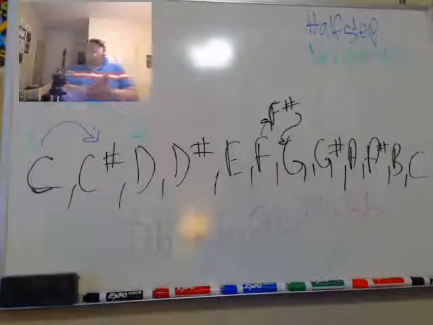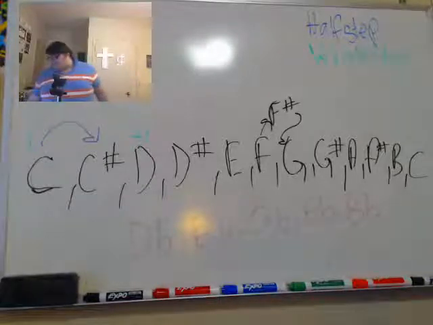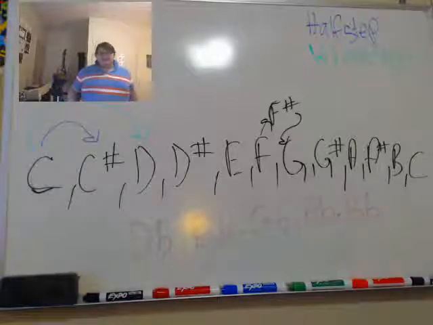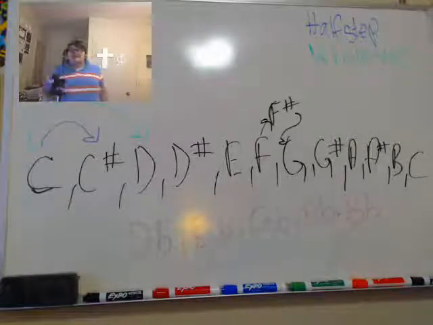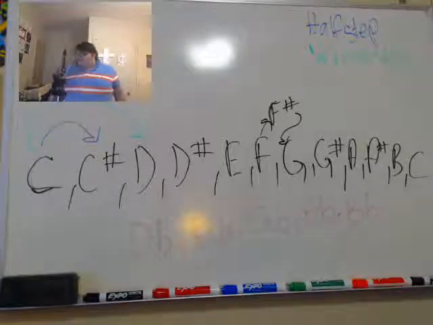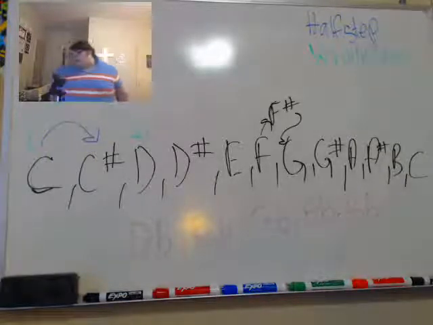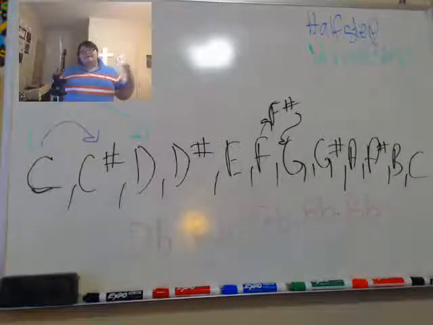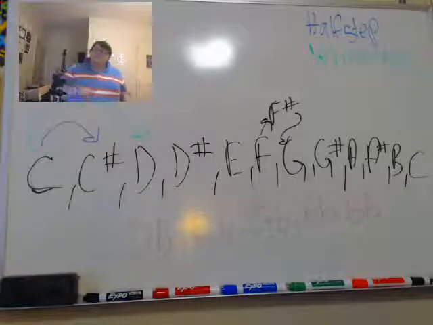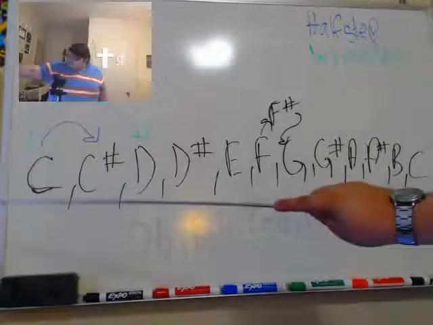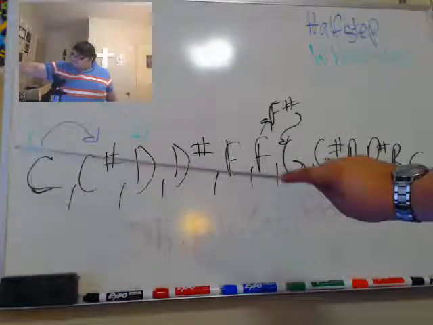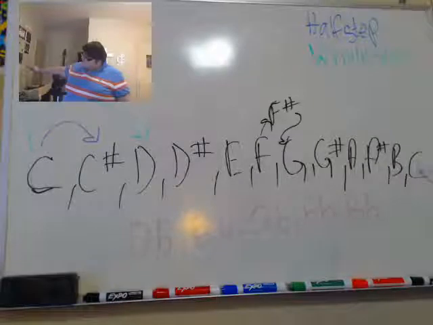So let's recap and end it here. The chromatic scale is every note on the piano from C to C. So it's from here, all the way to here.